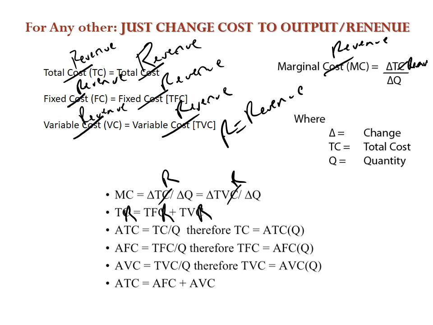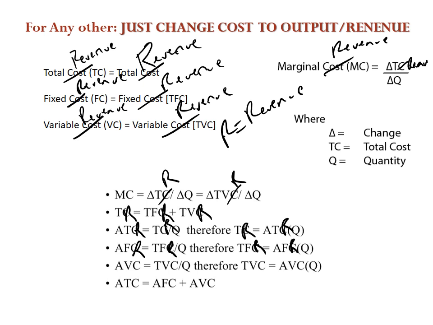Your average total revenue will be your total revenue divided by quantity. You have your R's here as well. Your total revenue will be equal to your average total revenue times quantity. Your average fixed revenue will be your total fixed revenue divided by quantity, so your total fixed revenue will be your average fixed revenue times quantity.